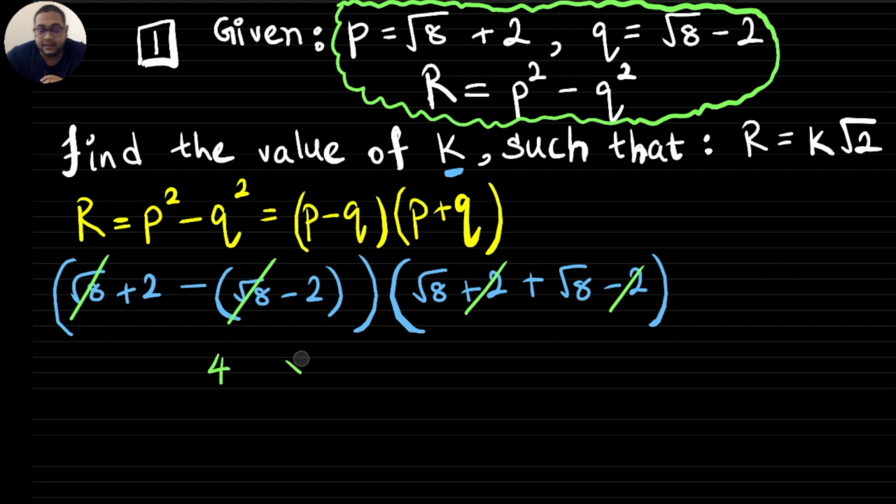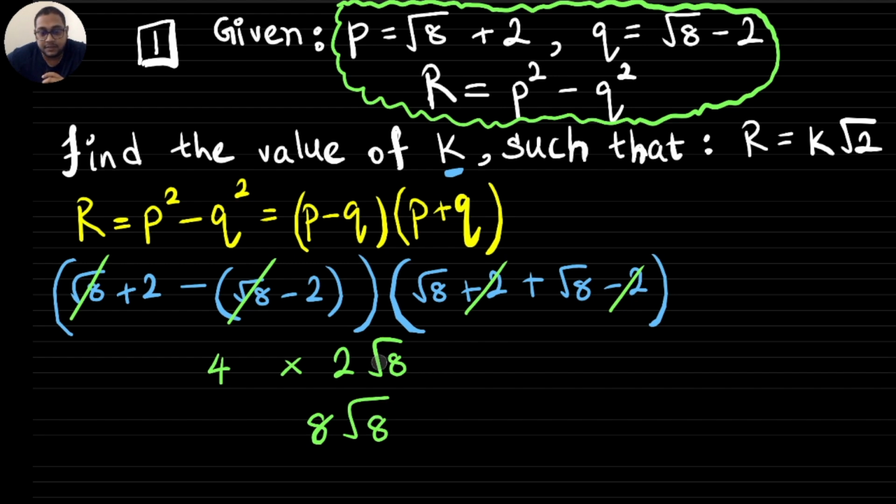And multiplied with the second bracket, you need to simplify the terms in your second bracket. Root 8 plus root 8 would be 2 root 8. Now I need to simplify the terms here, and that will be 4 multiplied by 2 would be 8 root 8.